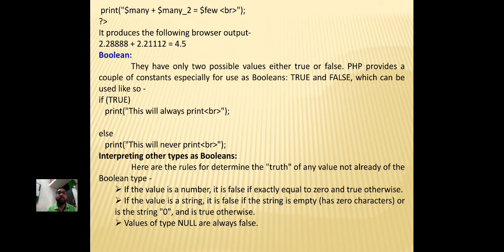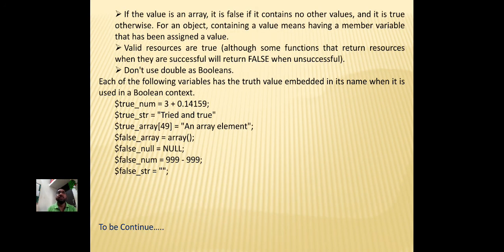If the value is a string, it is false if the string is empty, has 0 characters, or is the string 0, and is true otherwise. Values of type null are always false. If the value is an array, it is false if it contains no other values, and it is true otherwise.